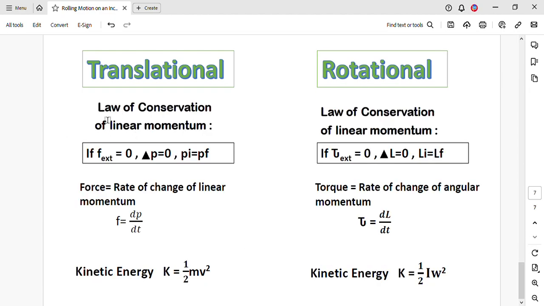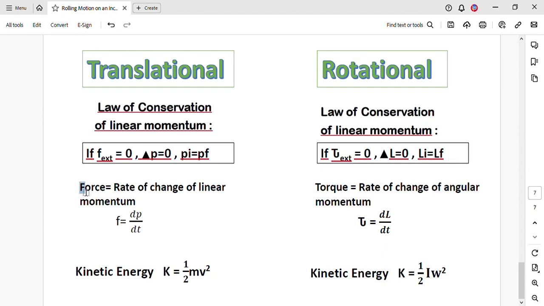And the last one is the law of conservation of linear momentum. If the net external force acting on a body is 0, then the change in momentum is 0 and P initial equals P final, that is, momentum is conserved and P is constant. And the law of conservation of angular momentum says that if external torque equals 0, then the change in angular momentum is 0 and L initial equals L final.